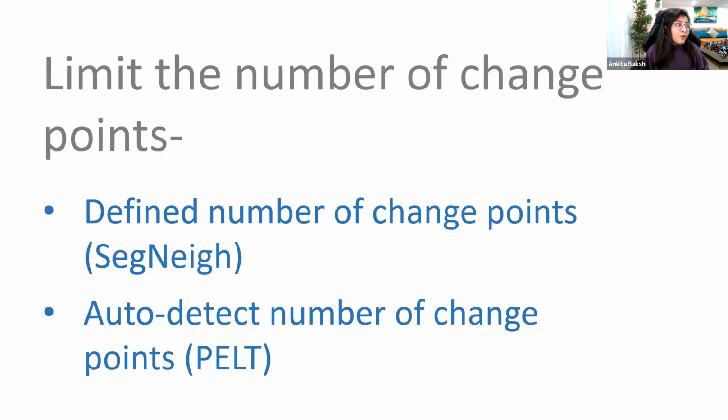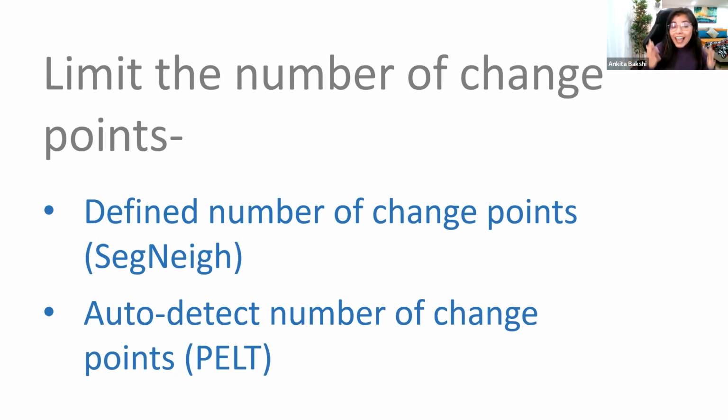To limit the number of change points that you can have, there are 2 ways. One way is to have a defined number of change points. So let's say you know that in the year 2021, you're looking at the time series and you introduced 2 big marketing campaigns. So you want to analyze the changes in the mean sales values based off of those 2 marketing campaigns.